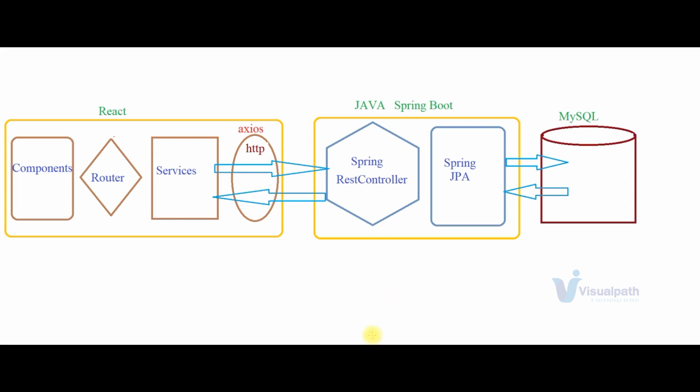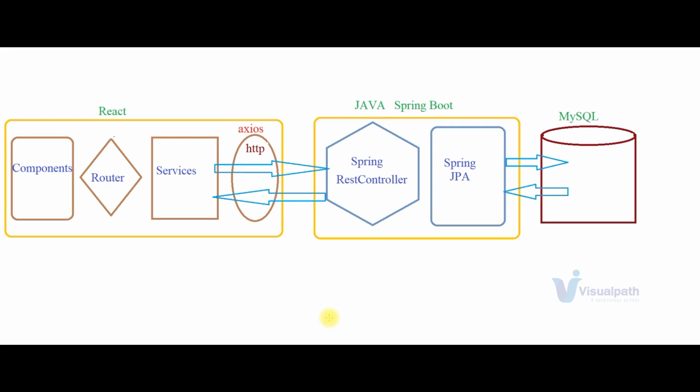Whatever has been completed here, on our computer only we established a front-end application to host, as well as a back-end application to host. But in a real-time situation, if we want to put both front-end and back-end applications on a remote server, yes, we can.